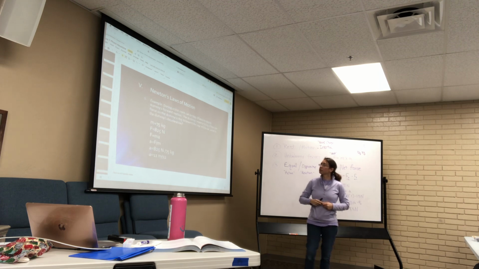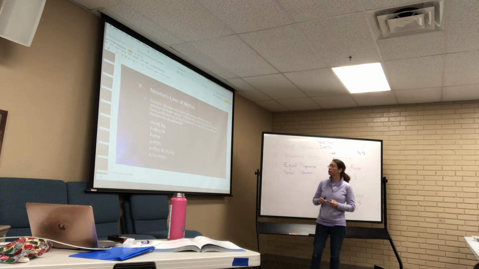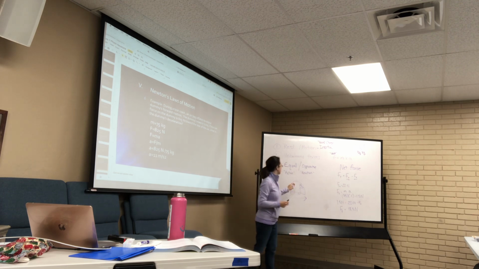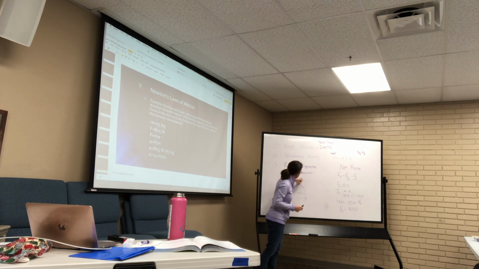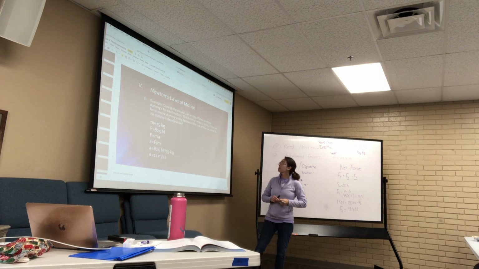Then another one. It says during a crash test, an airbag inflates to stop the dummy's forward motion. So we have our car moving forward, we have our little dummy, and the airbag stops him. The car is going that way, the dummy wanted to go that way, and the airbag is pushing back in the other direction. His mass is 75 kilograms.